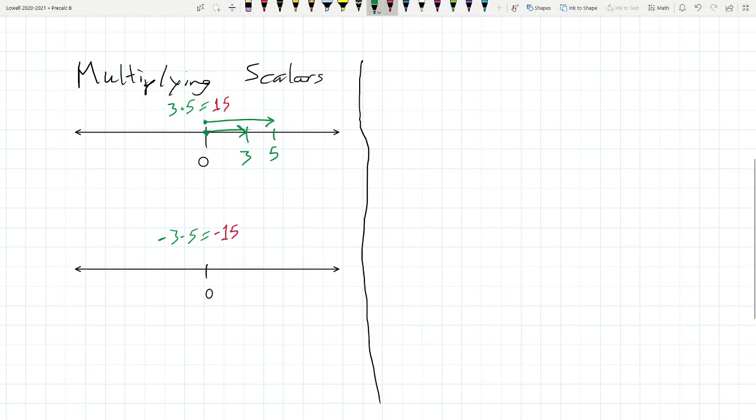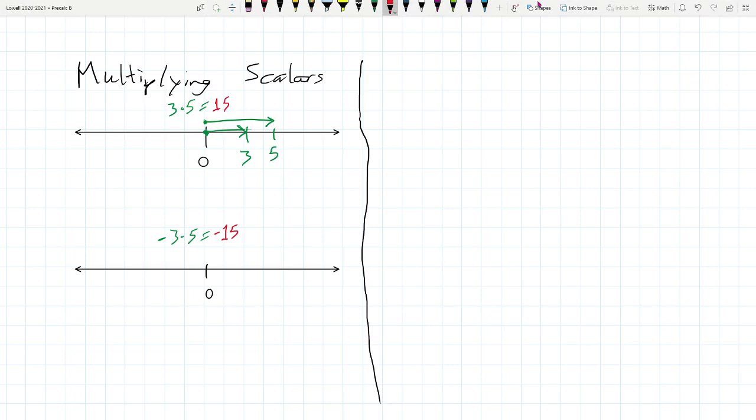Well, it means to take one of the vectors, and it doesn't really matter which one because we know multiplication is commutative. It says to essentially apply one vector a number of times equal to the other one. So what do I mean by that?